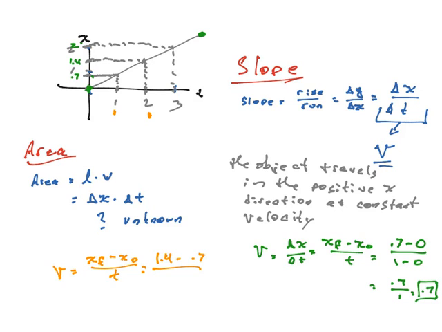Over the change in time, final time is 2, initial time is 1. So 1.4 minus 0.7 is 0.7. 2 minus 1 is 1. So again, 0.7. We know it has to be the same because we look at the line and it's a straight line. Straight lines have constant slope. Constant slope means constant velocity if the graph is a position versus time graph.